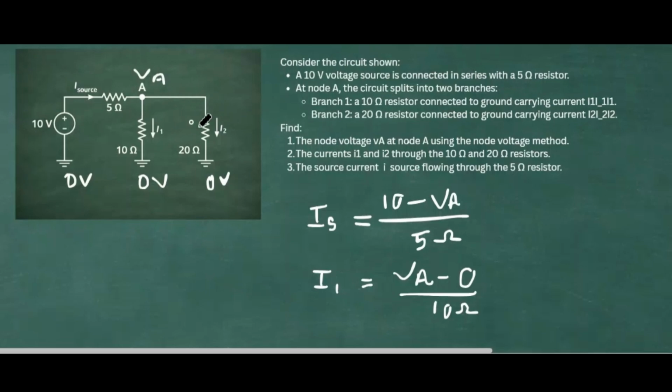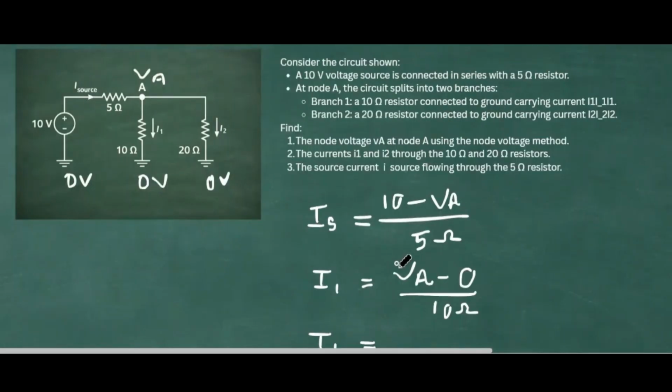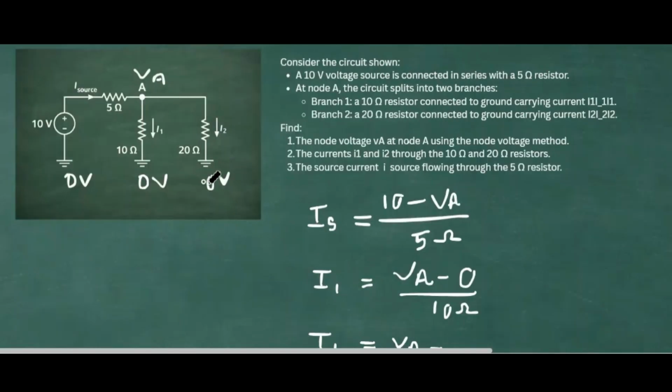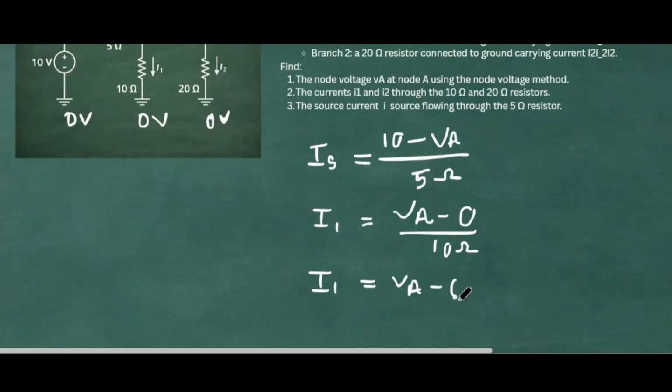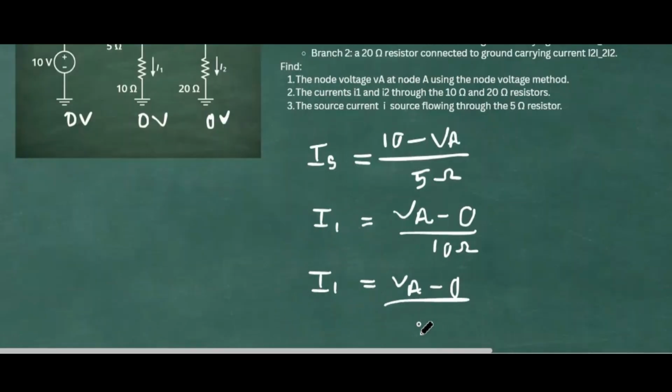And I2 current is, we know the voltage here is VA minus, we know the ground voltage is equal to 0, divided by 20 ohms.